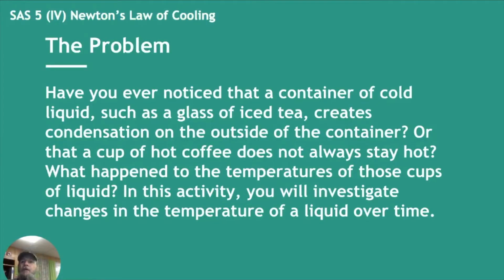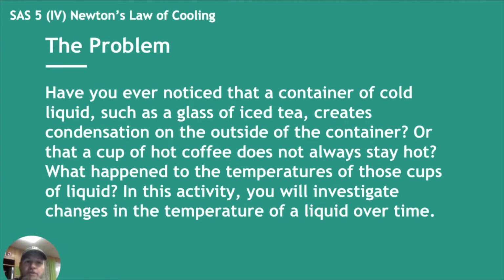All right, so here's the problem. Have you ever noticed that a container of cold liquid, such as a glass of iced tea, creates condensation on the outside of the container? What do you think that is? Most likely, the outside of the container is colder than the actual temperature of the air, and the moisture in the air is drawn to it because it is below what we call the dew point.